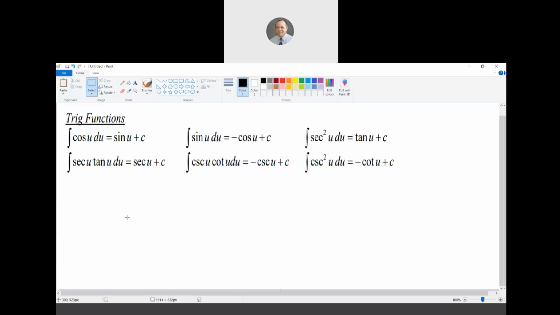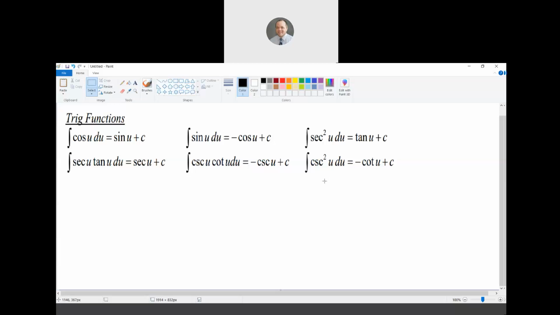And I should say these are all indefinite integrals. Indefinite integrals are the only integrals that have a plus c. Next, the integral of cosecant cotangent is negative cosecant plus a constant c.